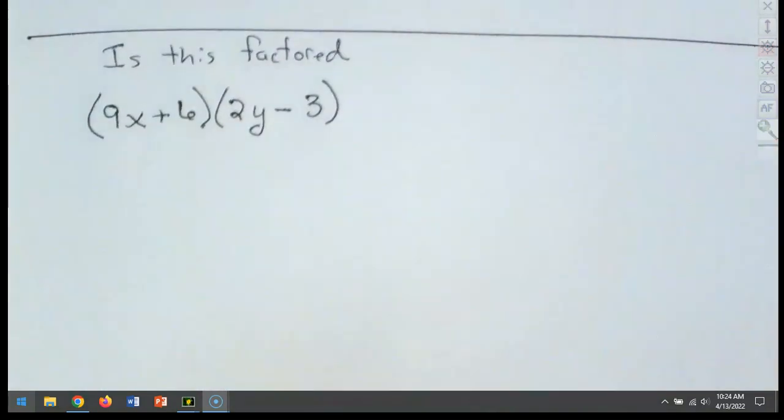Has this been factored? Yes or no? No, it has not been completely factored. Okay, now notice the parentheses. We always need to check and make sure with each parentheses, they're independent, make sure that nothing can come out. And this one is not factored completely.